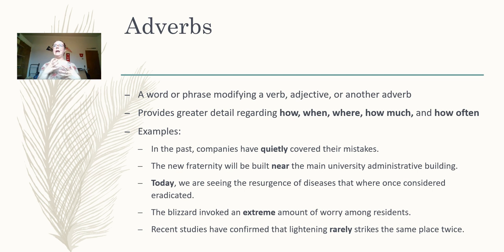So they're more general descriptive words that you're going to find in writing. When we think of adverbs, though, adverbs are designed to provide greater detail regarding how, when, where, how much, and how often. So let's take a look at some examples.